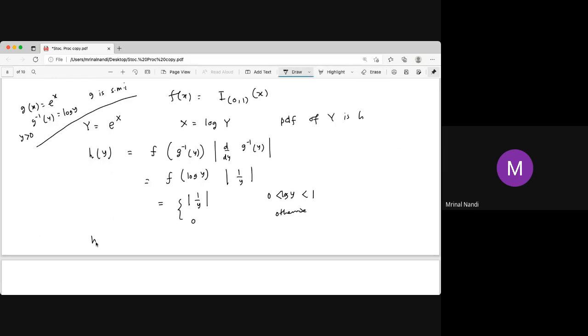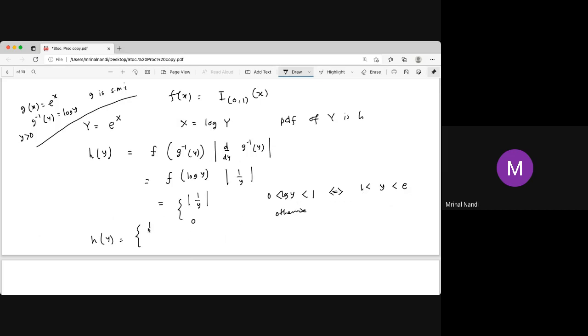So what is h(y)? Now log y is between 0 and 1. What is the meaning of that? That means y is from 1 to e. Once y is from 1 to e, then log y is 0 to 1.